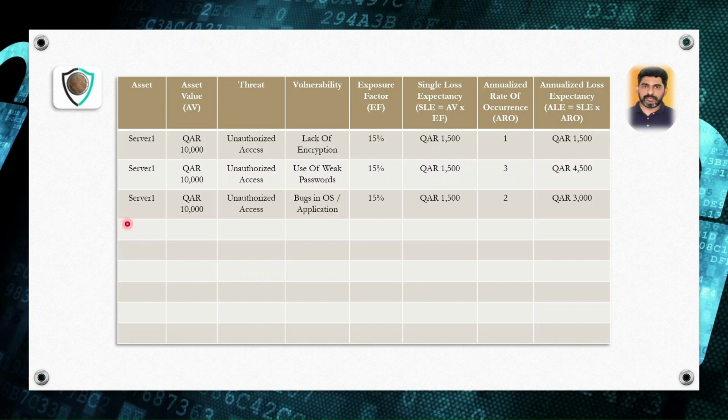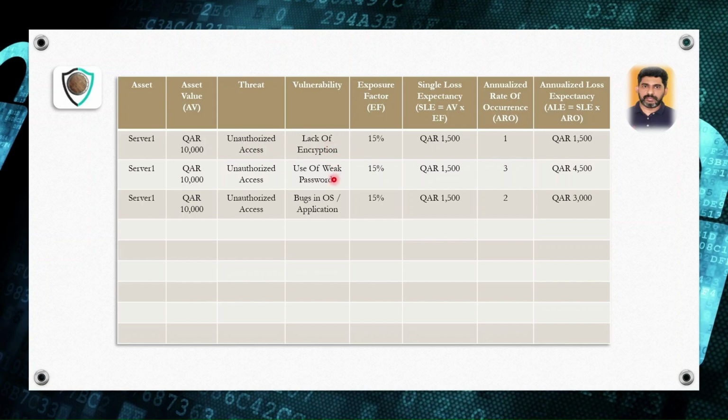So as an example, we have taken an asset, which is a server. Now, for this asset, the asset value has been identified. So it is 10,000 reals. So for this particular asset, I have considered one threat, that is unauthorized access, and then I have identified the different vulnerabilities that can be exploited by this threat.